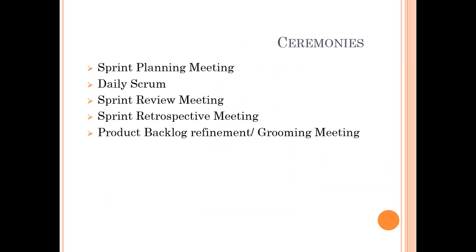Where all team members discuss the product requirements in detail and help product owner to rank them or stack them in a priority manner, and it is carried out once a week, or possibly if requirements are large, then twice a sprint.